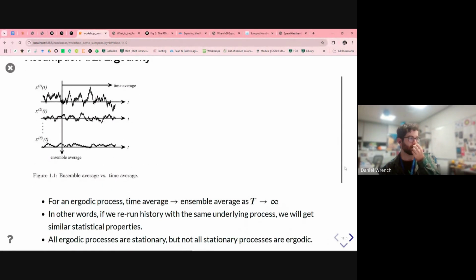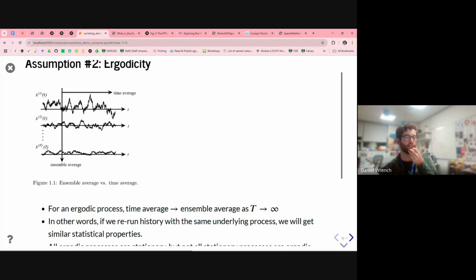So the ideas of stationarity and ergodicity are both tackling the question of how representative your given time series is of the underlying process. I guess stationarity asks: different parts of the interval, are they statistically similar enough?